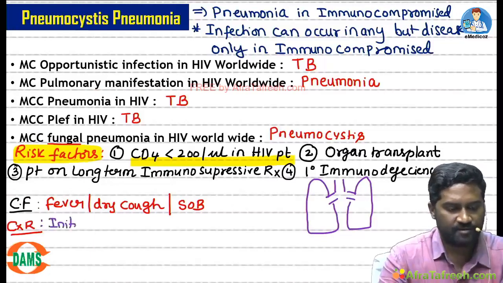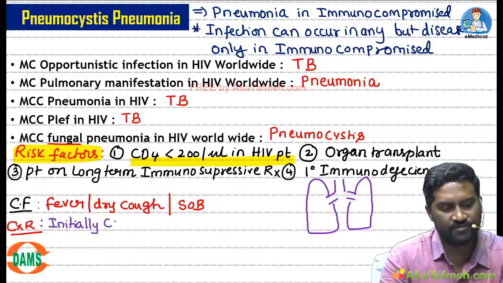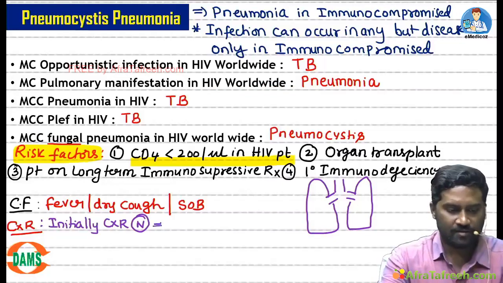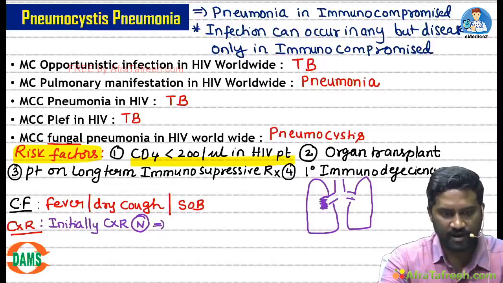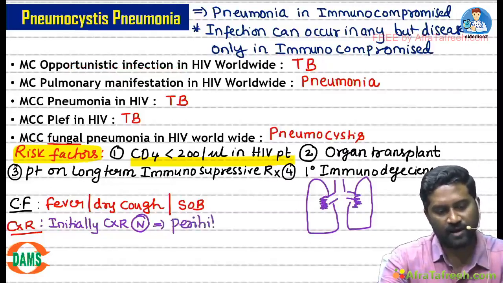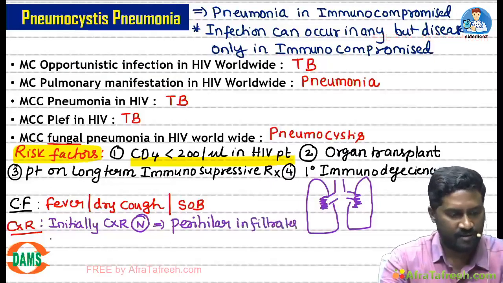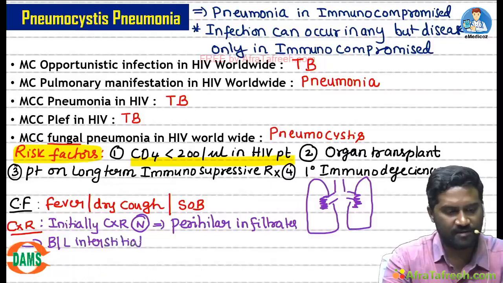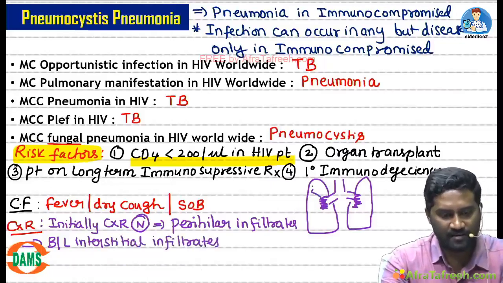The patient will be having fever and pneumocystis disease, but the chest X-ray will be normal. Later one can notice perihilar infiltrates. These perihilar infiltrates can progress to a more diffuse form, bilateral interstitial infiltrates.